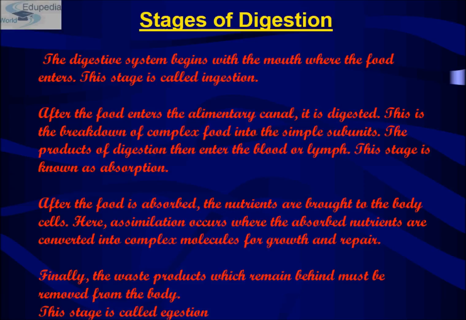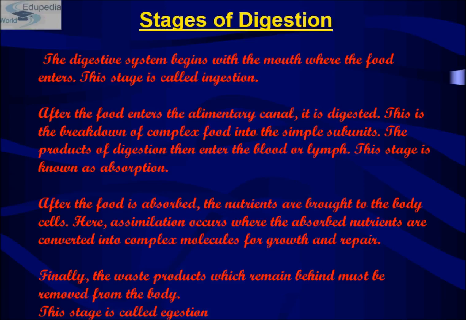Now, how does the swallowing of food take place? I'll explain that in detail, but we'll study here the stages of digestion. The first stage is ingestion. After the food enters the alimentary canal, it is digested. Complex food material is broken down into simple subunits.